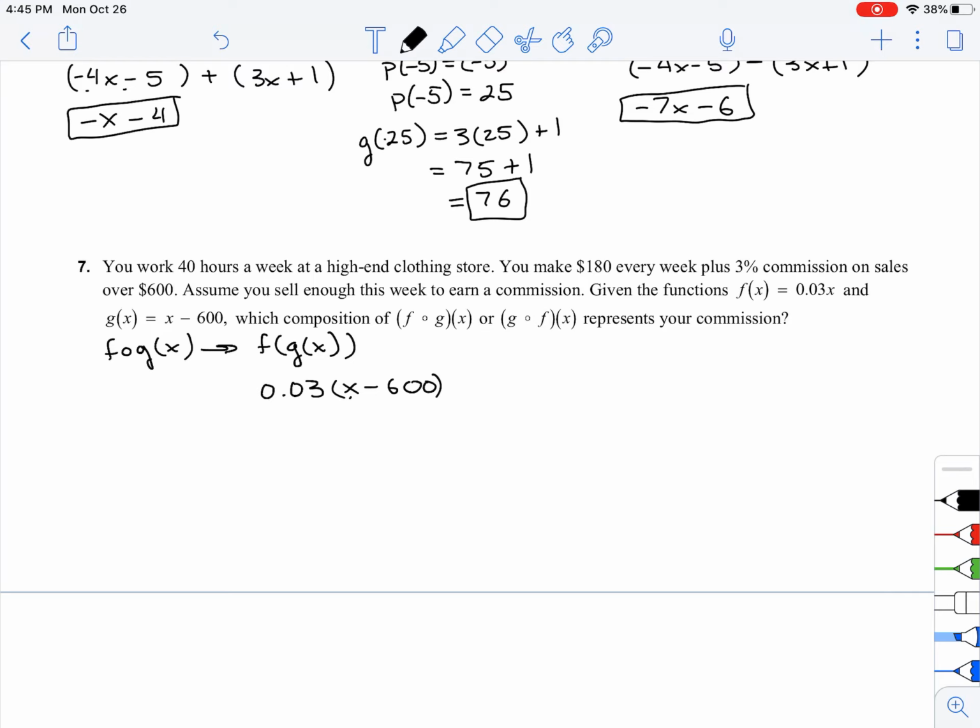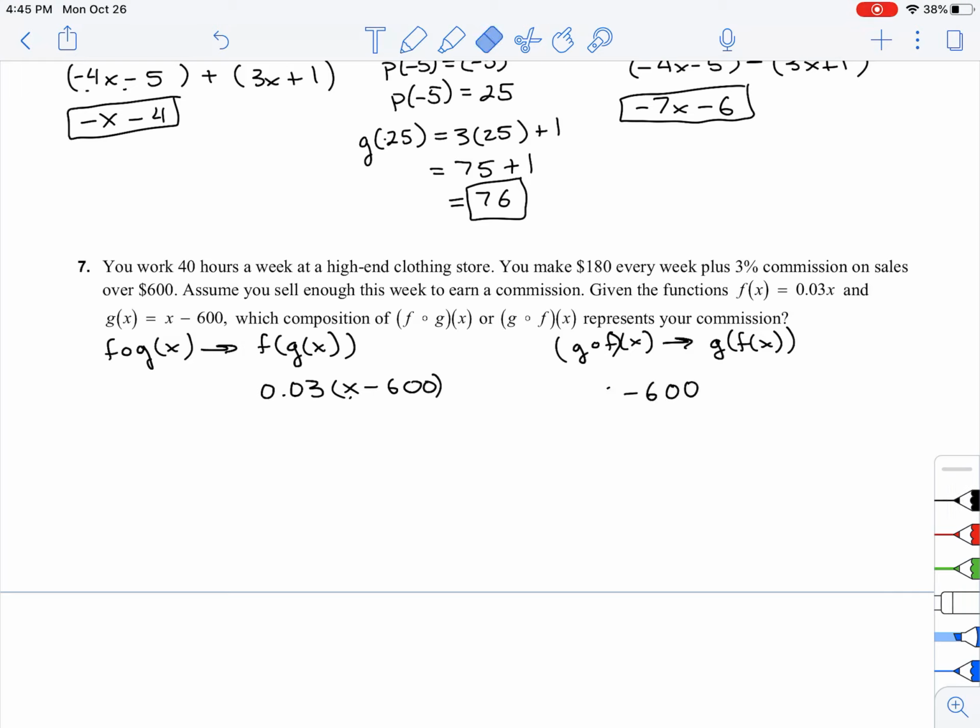So let's look at g of f of x. So remember, we can write this as g of f of x, meaning that f of x is going to go inside of g of x. So we have x minus 600.